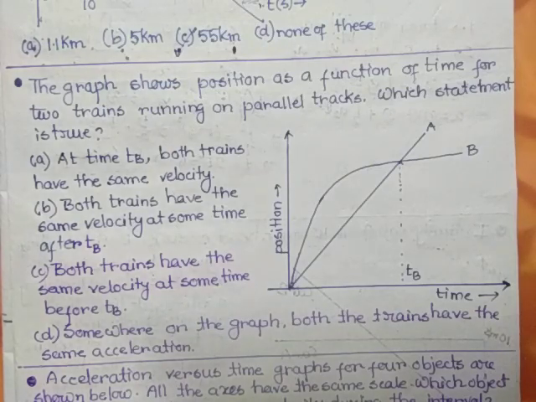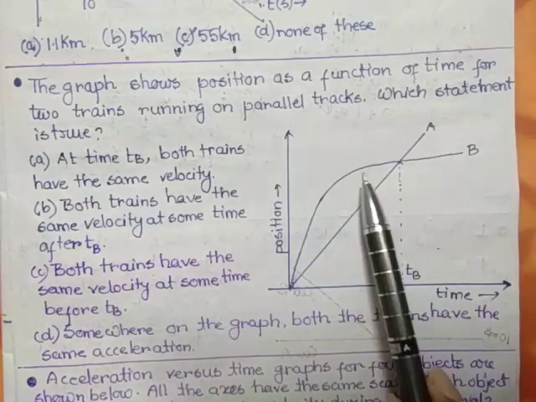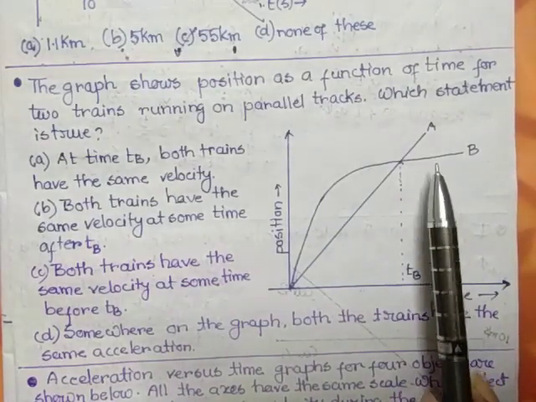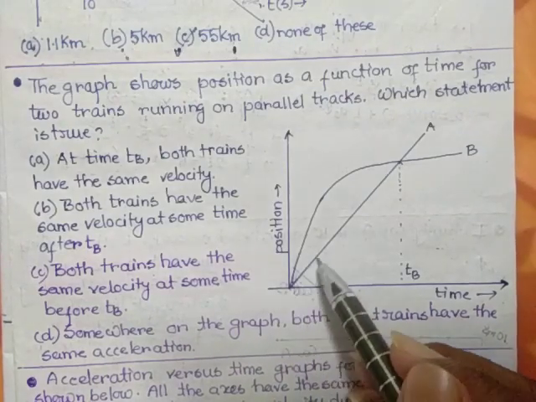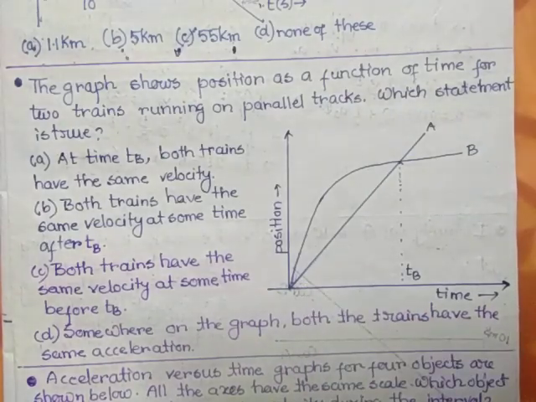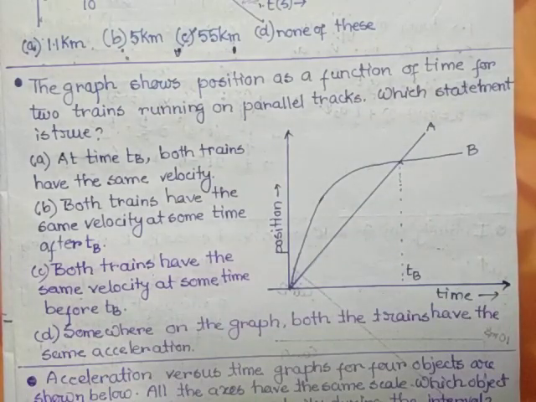Obviously the velocity of B is greater than that of A initially, and after that it becomes 0. After that its displacement does not change, so it will be at rest. But A just moves with a velocity less than that of B, but it is continuously doing so and just covers B. So it is just like the story of the hare and the tortoise.